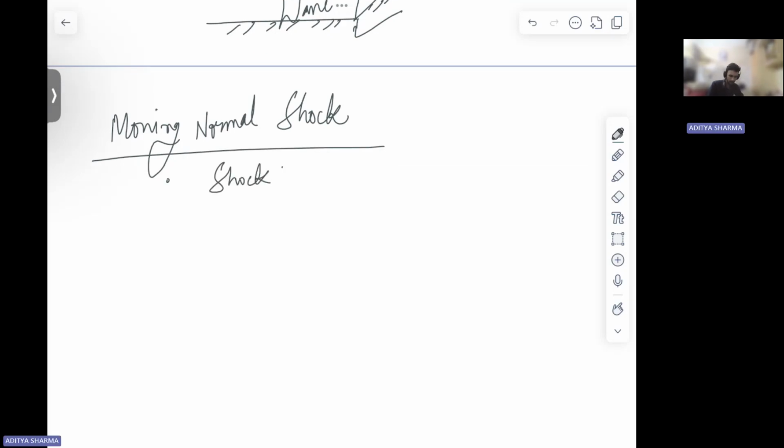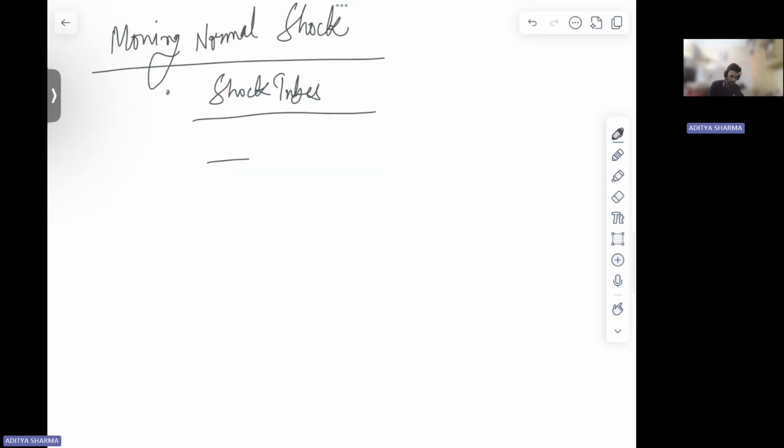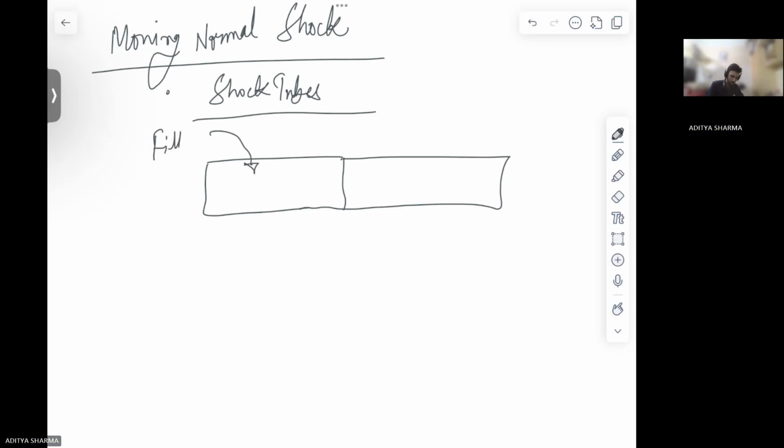Then your shock tubes. What is a shock tube? A shock tube basically is a tube where you give pressure to a gas, you fill it and pressurize it with gas. Okay. Here you keep a diaphragm.